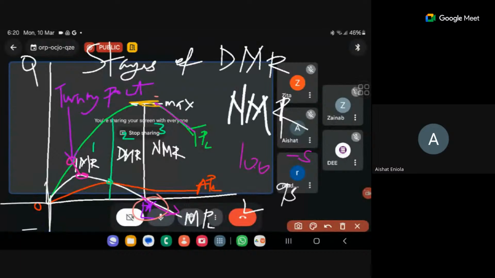If you extend the line downward, this side is minus, this side is plus. As MP has fallen below this line and gone down, the value of MP in this region is negative.